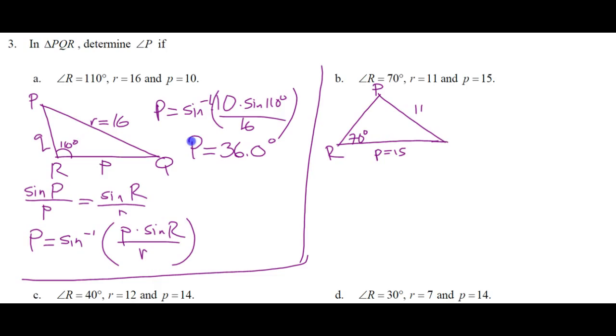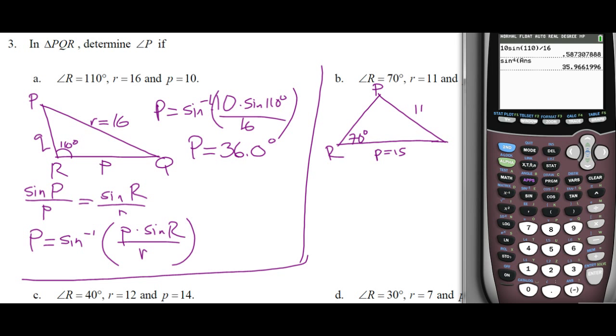Okay, so we've got the formula, right? So P is equal to the sine inverse of little p, so 15 sine 70 degrees over 11. Okay, what's that give us? Clear. Okay, let's start with the sine inverse this time. So sine inverse, and what was it? 15 sine 70.